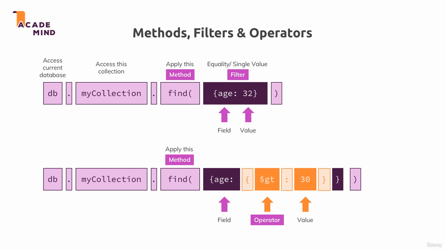These are all reserved fields, if you want to call them like this, which are understood by MongoDB. And this operation here, as an example, is called a range filter because it does not just filter for equality. Instead, this will look for all documents that have an age that is greater than, that's what the $gt operator does, greater than the value, so greater than 30.